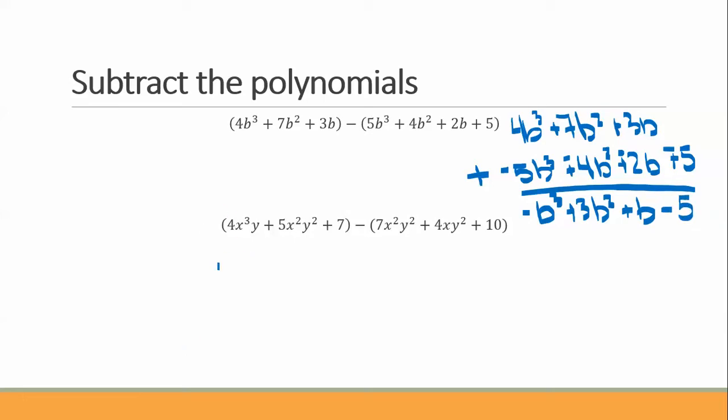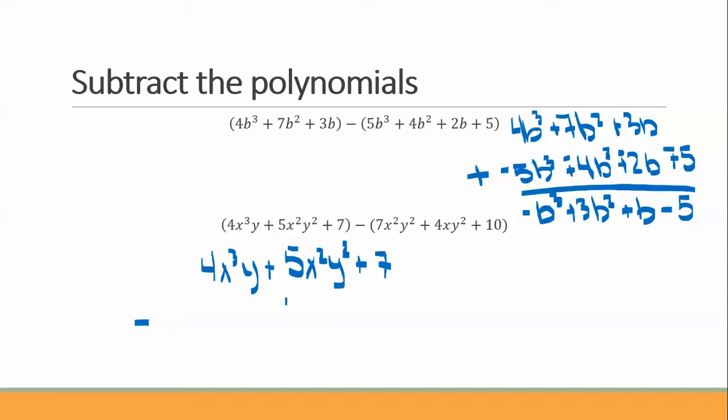This next one, we have 4x cubed y plus 5x squared y squared plus 7, and then we're subtracting all of this thing.